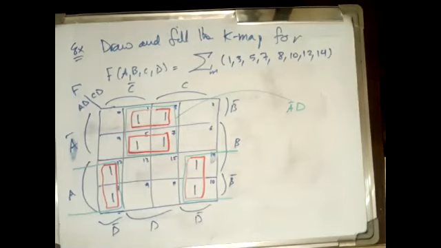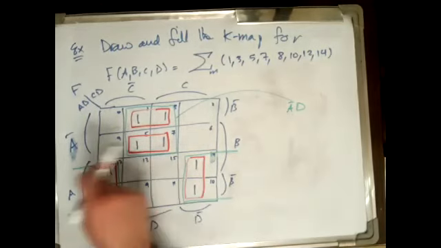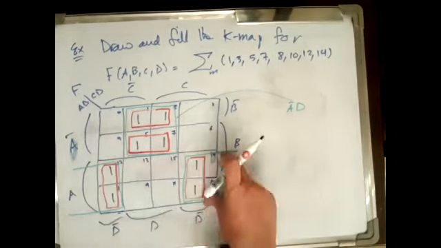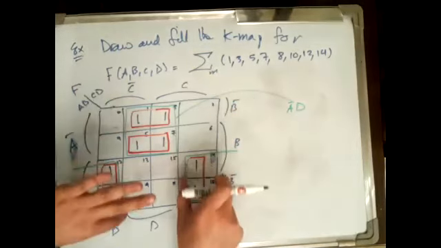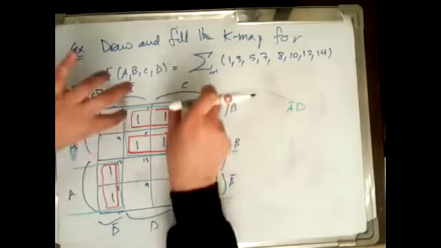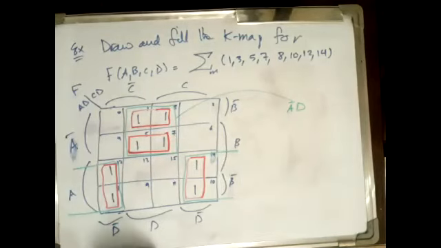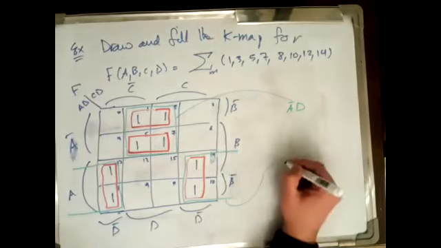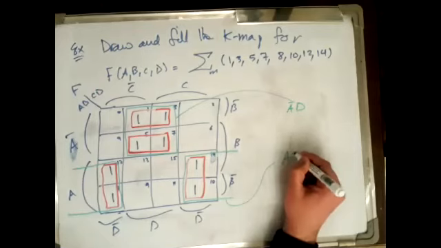Where is this rectangle located? It is in A intersection with D bar. So the logic expression for this is A D bar.